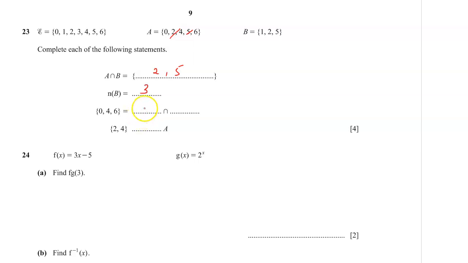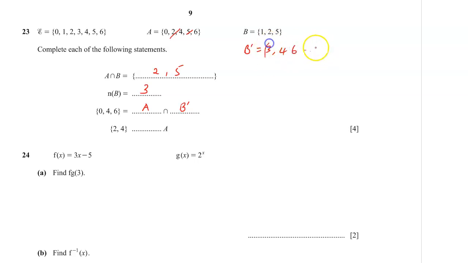Then 0, 4, 6 is equal to what? This is A intersection B prime. What is B prime? So that it intersects with this. B prime will be 3, 4, 6, and so on.